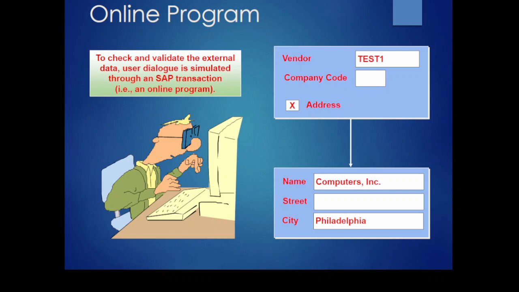Online program. To check and validate the external data, user dialog is simulated through an SAP transaction, an online program. For example, when the user presses enter or submits the information, the SAP system automatically checks it by the online program.